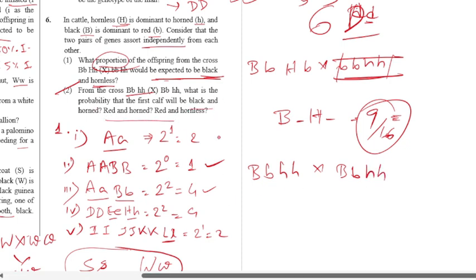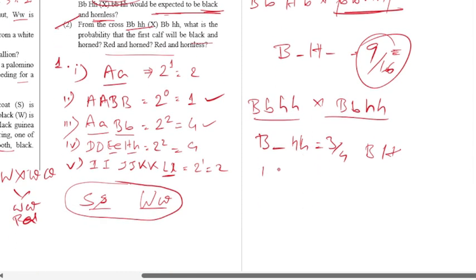Three types of phenotype they are asking, but in that case only two types of phenotype will be possible. Capital B dash, capital H dash is 3 by 4, and that will be black and hornless. Small b small b is 1 by 4, that is red and hornless.